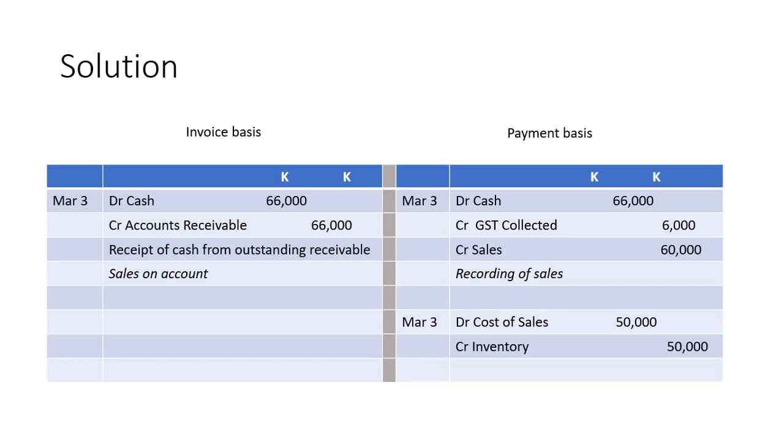Under the invoice basis, we don't have GST collected there because we already recognized it during February. But for payment basis, it is recorded here because only when you receive the money do you record GST collected. On 3rd March, we also debit cost of sales and credit inventory, the same as on the recorded sales under invoice basis.